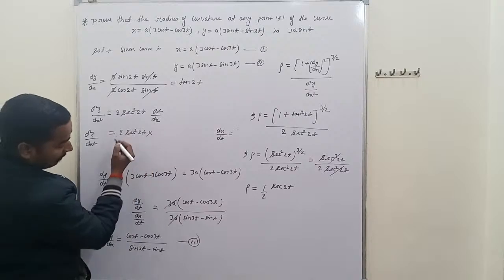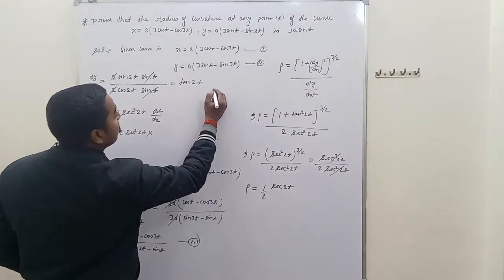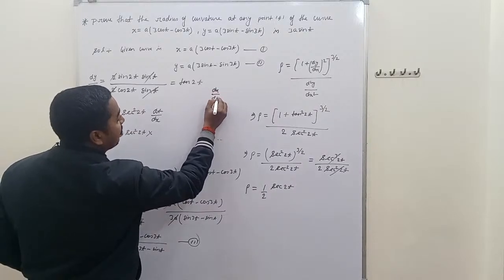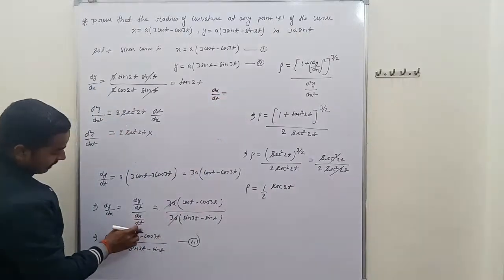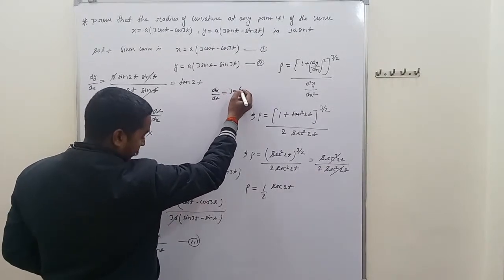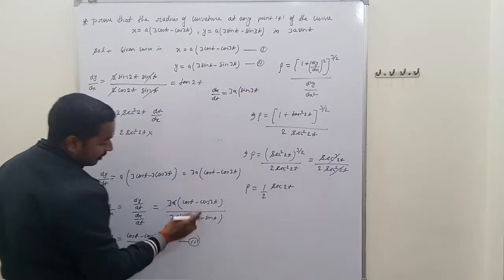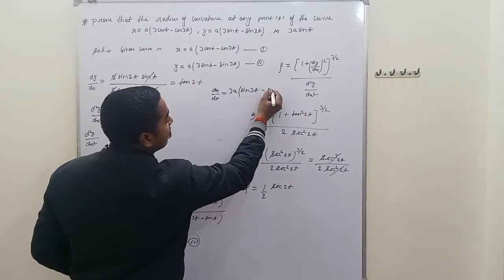Dt upon dx is given by 1 upon dx upon dt. Once again, we have to calculate dx upon dt, which is 3a sin 3t minus sin t.